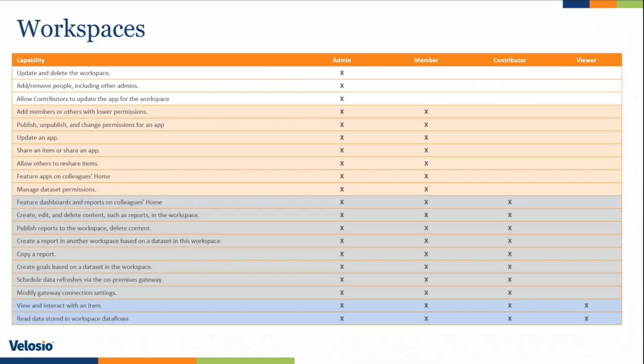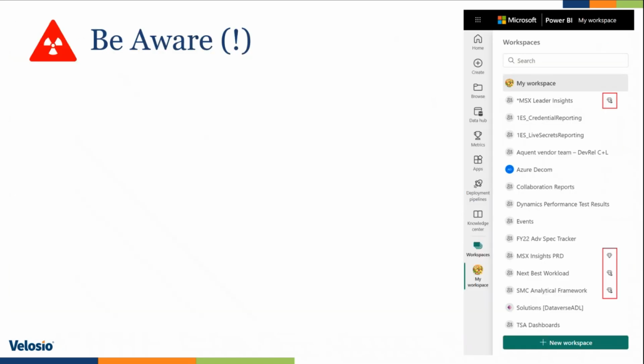Feature apps. Notice a lot of things are around apps. Apps are meant for broad distribution. So members are those who have the privilege and responsibility to change a more dynamic distribution strategy within your company. If you don't want people changing permissions and publishing apps, you would be okay with using just a contributor role. I hope that is helpful. There are a few things to look out for, and I want to identify those things.